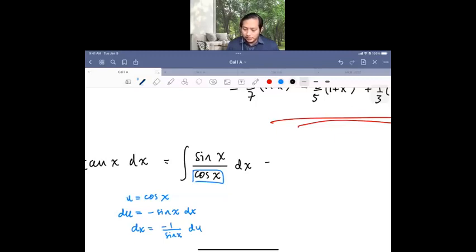So we can exchange this, right? And we can write down that we have negative 1 over u. 1 over u becomes ln, right? And remember, whenever you integrate 1 over x or 1 over u, you need to make it clear that it has absolute value here. Okay, so we will have negative ln absolute value cosine x plus c.